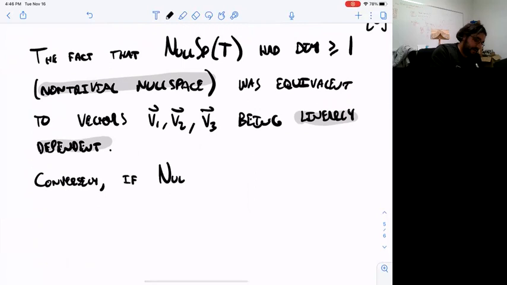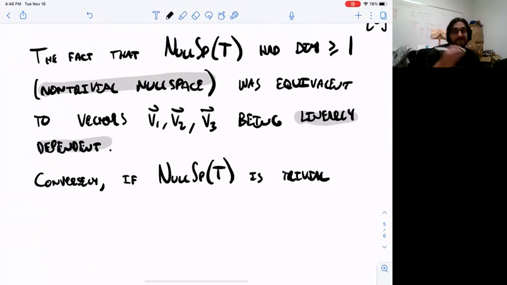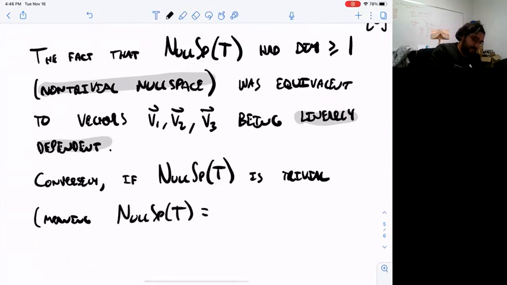If the null space of T is trivial, opposite of non-trivial, meaning that the null space of T is just the zero vector.